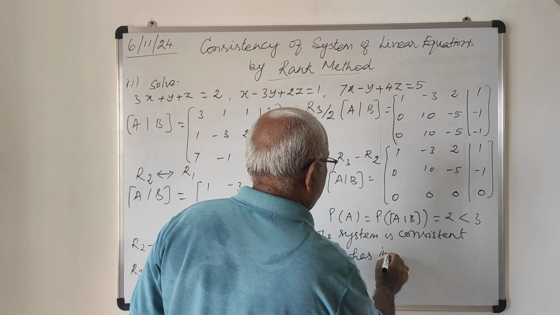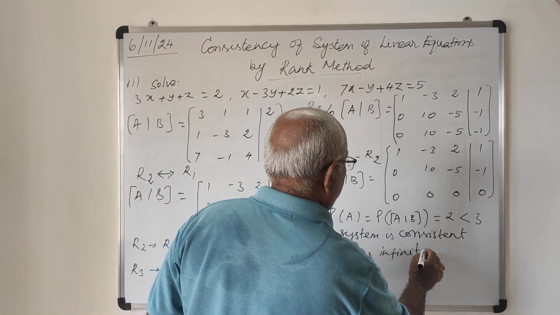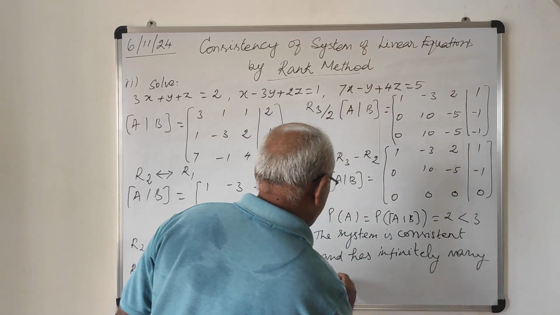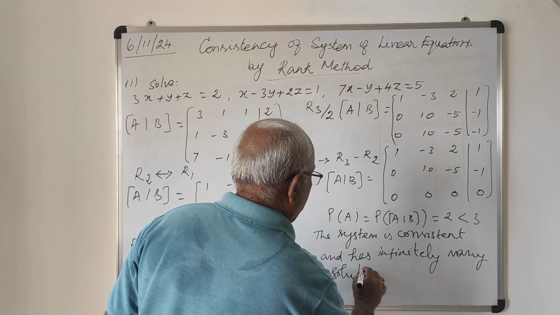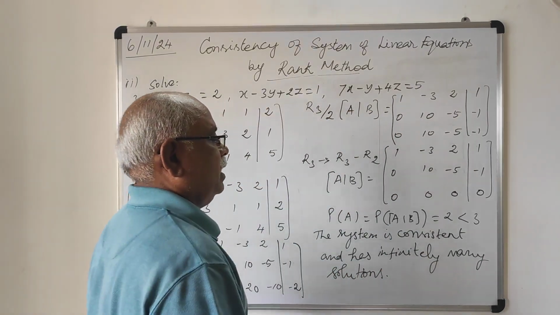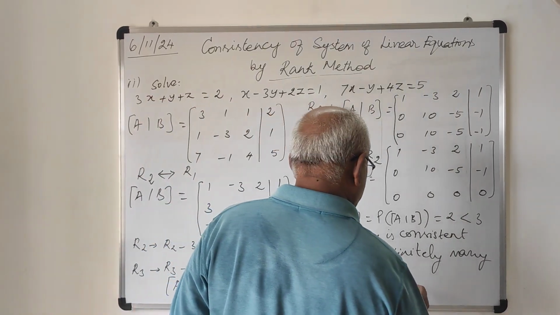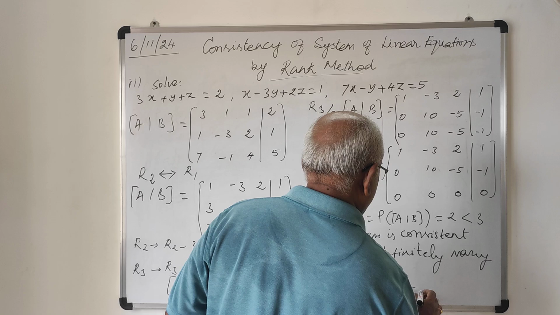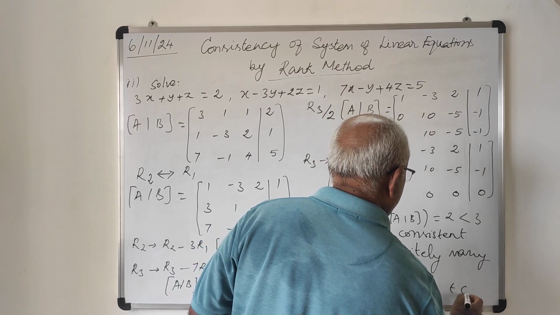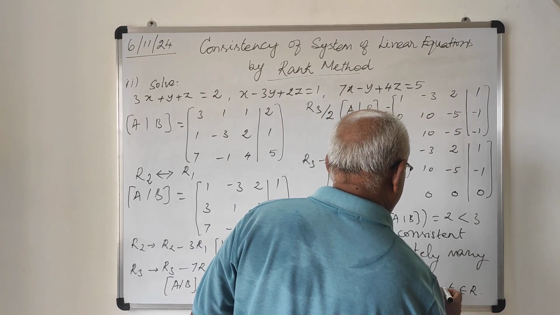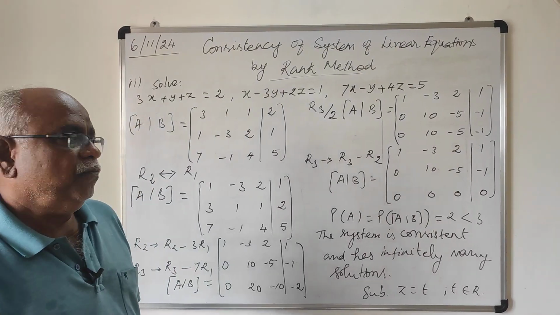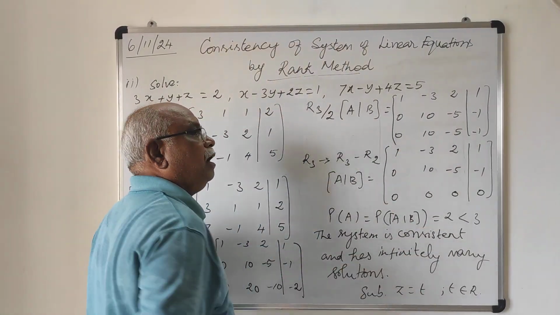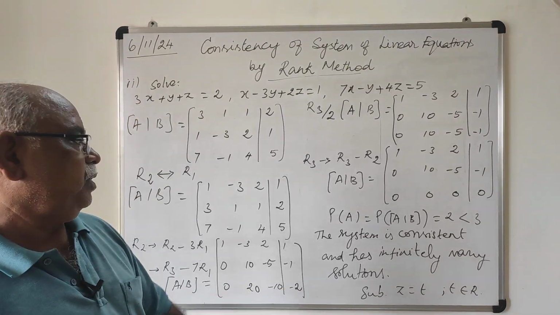And as there are infinitely many solutions, for that you have to find the solution by substituting z equal to t, where t is a real number. To find the infinite solutions, we have to substitute z equal to t in the equations. We will get the infinite solutions.